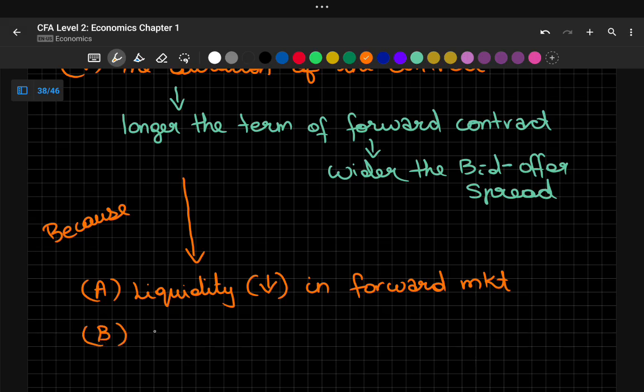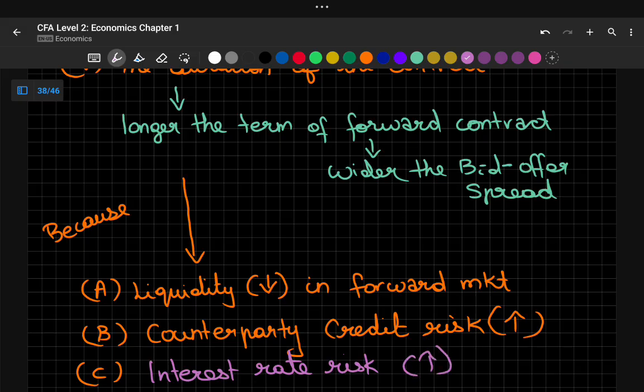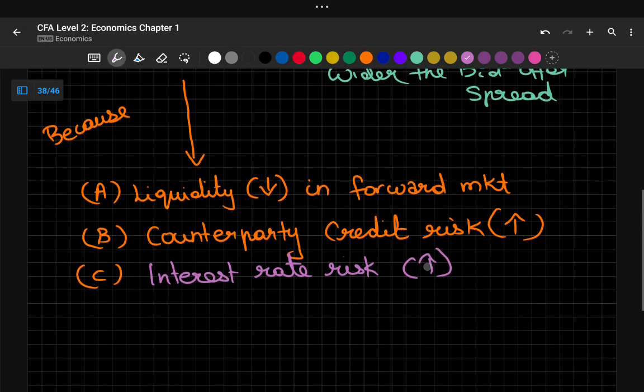The second reason is counterparty credit risk increases. And the third point is interest rate risk also increases, because interest rates can change. If the duration is longer, interest rate risk increases. That's why if the duration is longer for forward contracts, the bid offer spread would be wider.